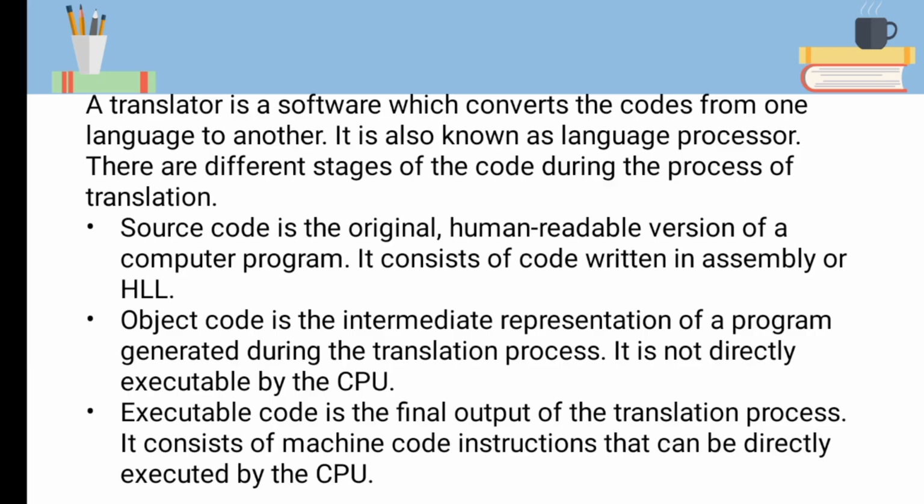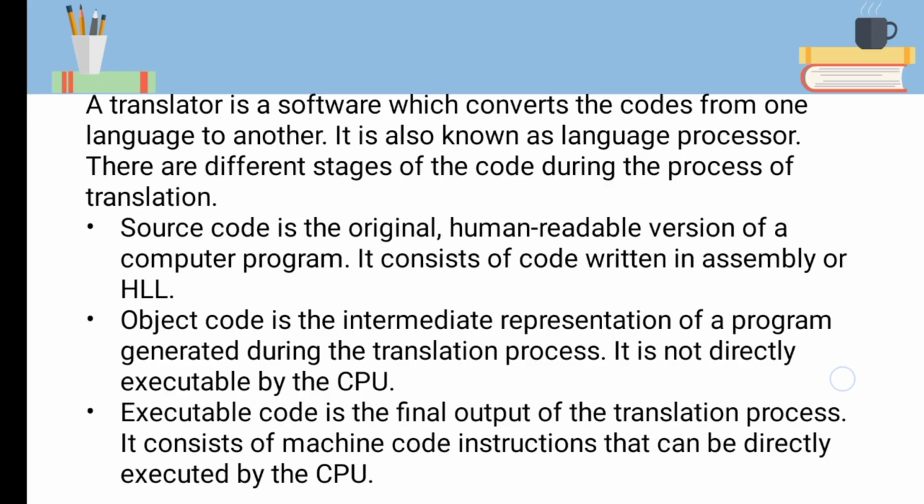Object code is the intermediate representation of the program generated during the translation process. It is not directly executable by the CPU. Third is executable code. It is the final output of the translation process. It consists of machine code instructions that can be directly executed by the CPU.